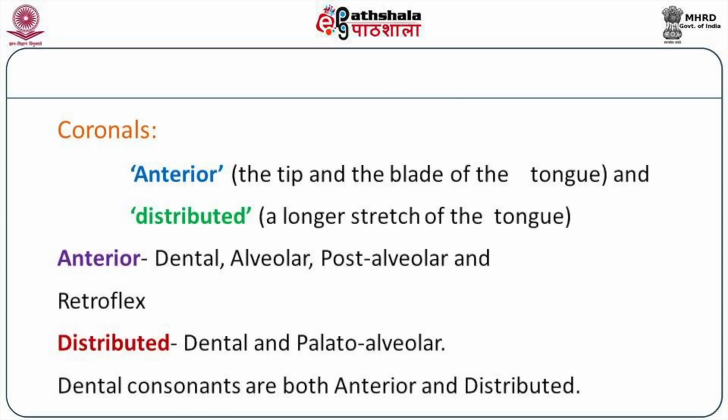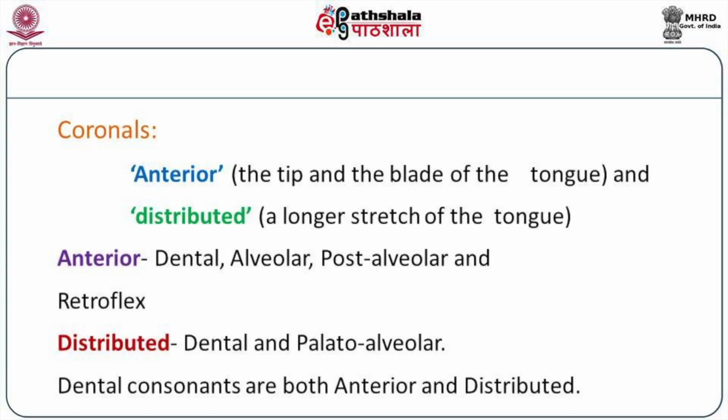Coronal sounds have at least 2 main features, namely anterior and distributed. Some of the coronal consonants are those in the production of which the tip and the blade, a small part of the tongue, is involved. These are said to be anterior consonants.